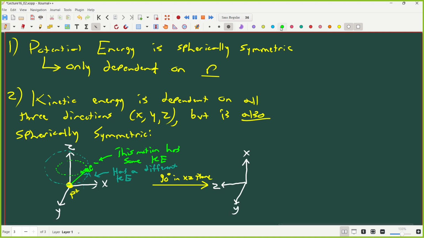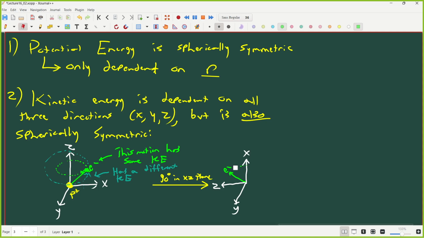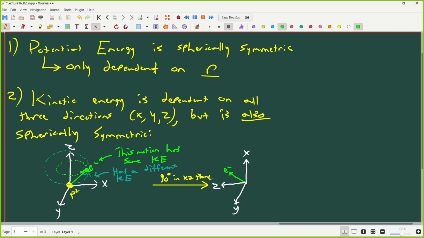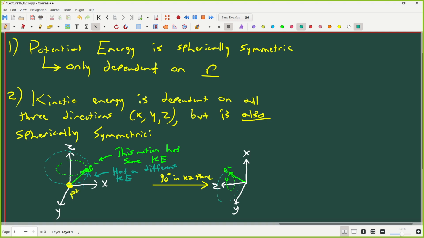And the electron has also rotated, so the electron is pointing this way. But it's still orbiting the z-axis now. So here are my two different possible trajectories orbiting the z-axis.